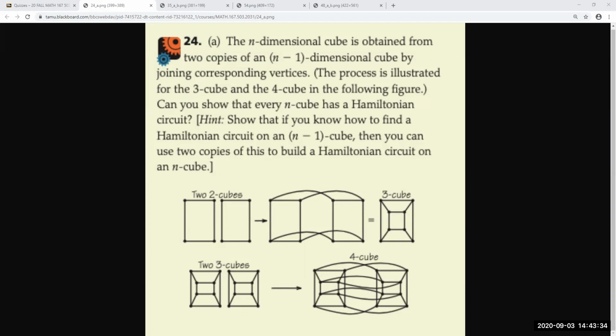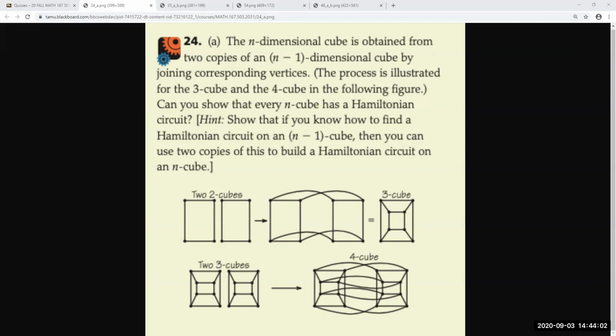And the three cube is made from two cubes. To make it look like 3D, just connect the corresponding vertices, right?